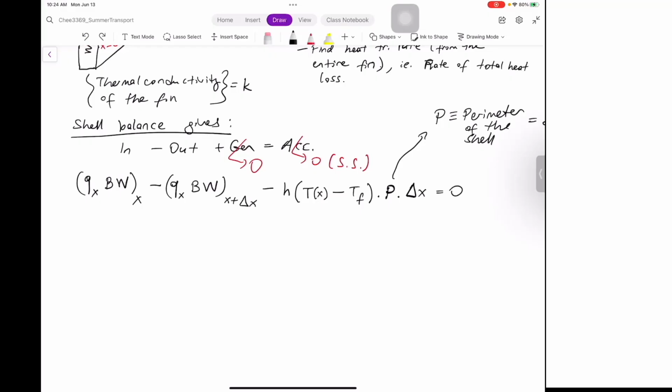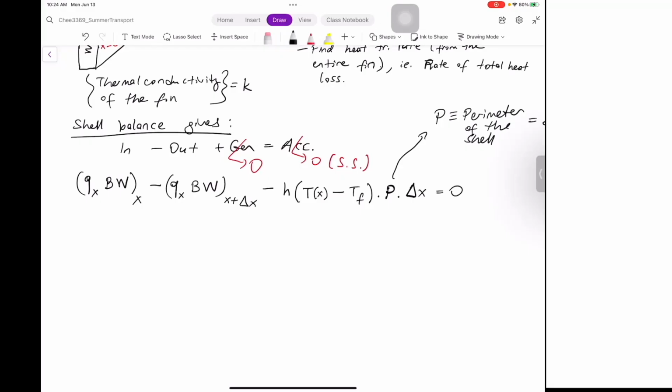If your fin were colder than the fluid, you would get the same expression, but it would be like plus H Tf minus Tx. But then you can play with the position of this 2 and make this minus. You would get exactly the same thing in that case too. So it doesn't matter which way you think, whether the fluid is hotter or the wall is hotter, you get the same equation. So we are not actually making any assumption here about which one is hotter, which one is colder.